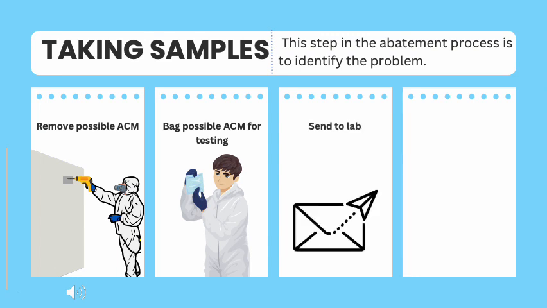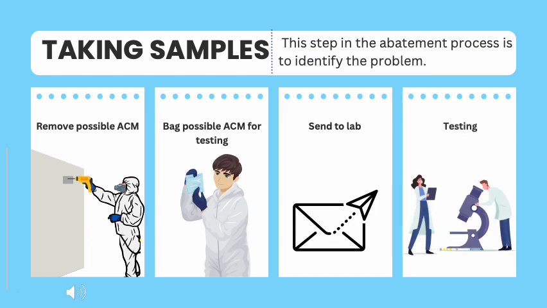The samples are then sent to an accredited laboratory that specializes in asbestos testing. It's important to choose a reputable lab with the appropriate certifications and accreditations to ensure accurate results. The lab will analyze the samples using polarized light microscopy, PLM, or transmission electron microscopy, TEM, to determine if asbestos fibers are present.